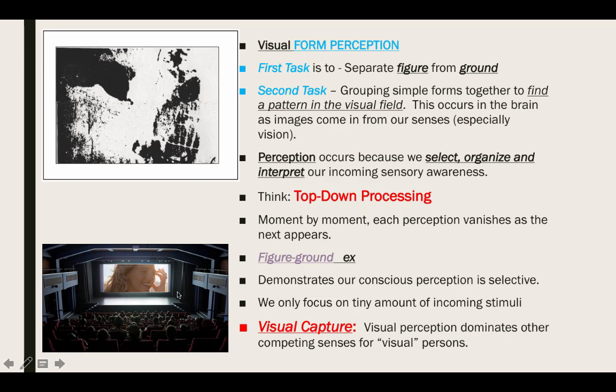However, your vision overwhelms hearing and will make you perceive that the voice is coming from where it should be, which would be the mouth on a person. So visual capture is an example of how one sense can dominate another.